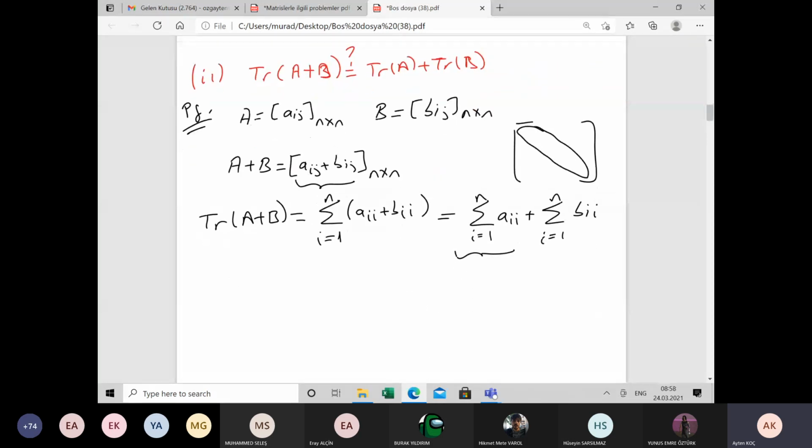The first one is the sum of all entries on the main diagonal of A, so this gives the trace of A. The next one gives the trace of B, because it is the sum of all entries on the main diagonal of matrix B. Yes, we got the result.